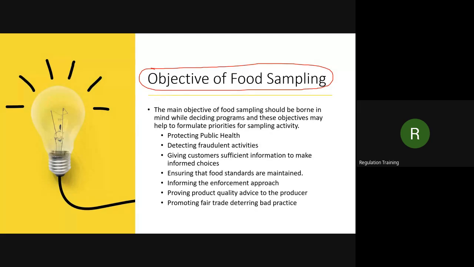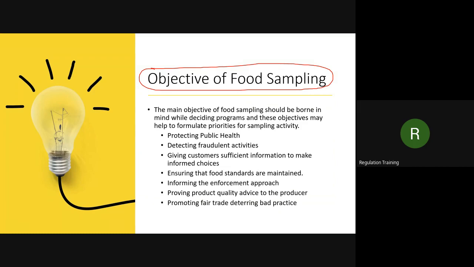So let's say 99% of fatty products or oils have a trans fat level less than 2%, it means the standard is being met. People are following the standards. If it is not being met, then they will take extra precautionary steps.